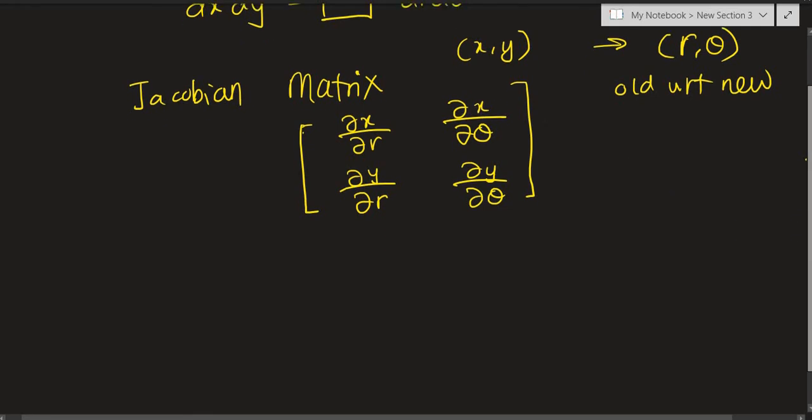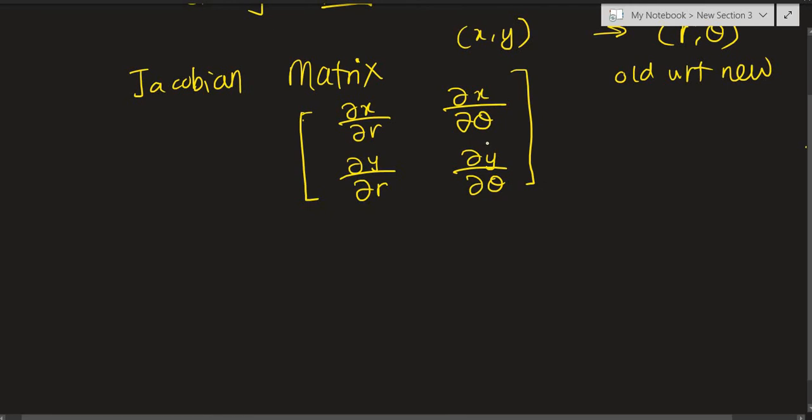So the partial derivative is being applied to the same old variable, but the basis of differentiation is changing in that row. And when you go down the column and look at the bottom row, you have y, and again in the first column differentiating with respect to r, and in the second column differentiating with respect to theta.